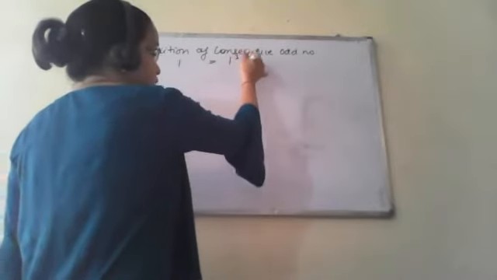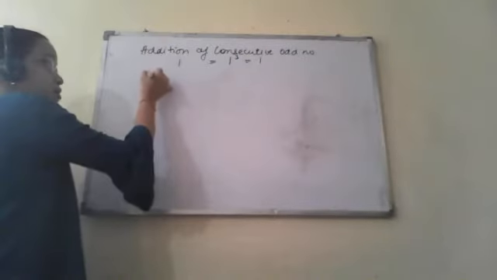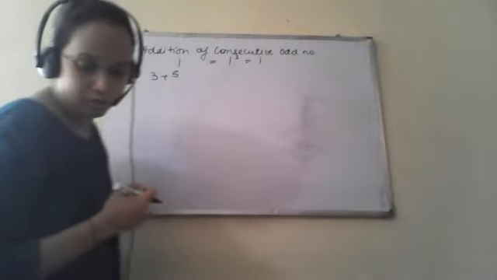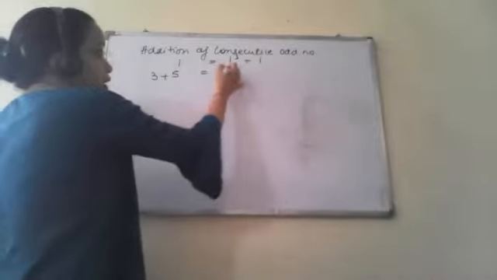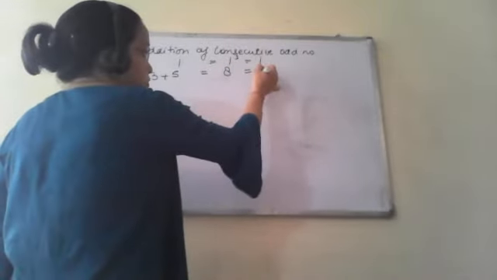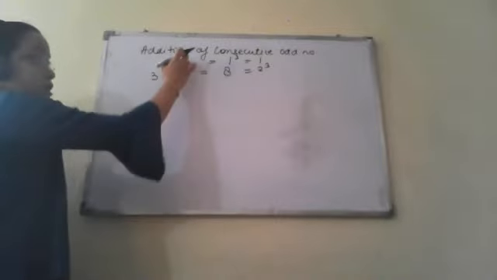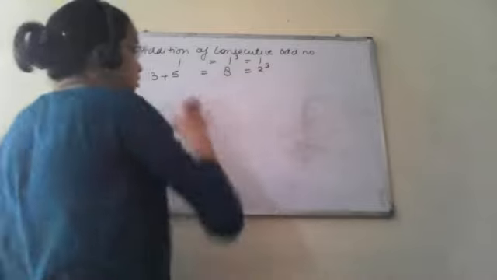Next is 3 plus 5, the sum of consecutive odd numbers. This is 8 and this is the cube of 2. There are certain properties you have to observe, that the sum of the next two odd numbers will be this.